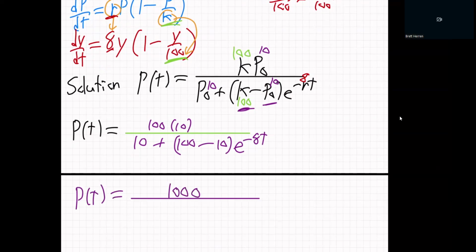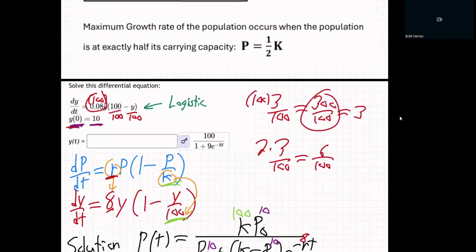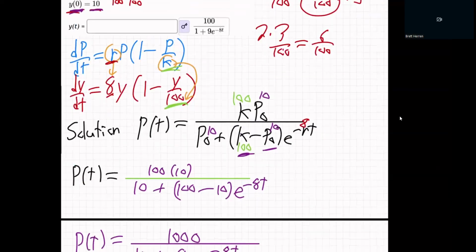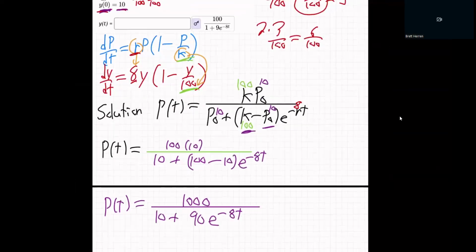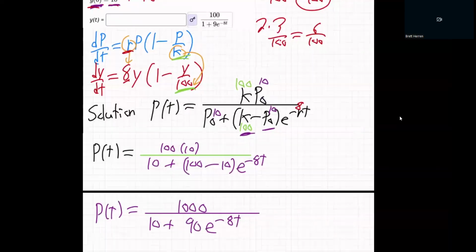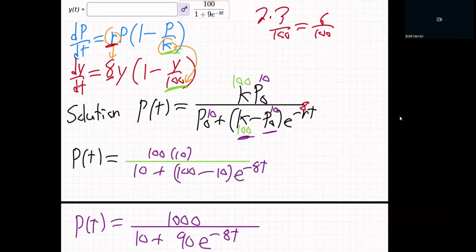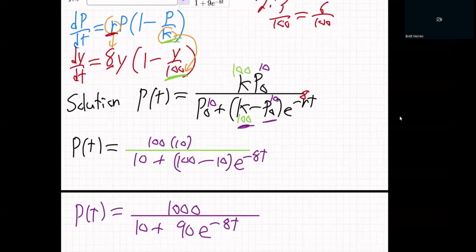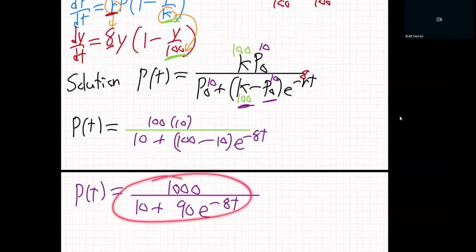That's 1,000 on the top. 10 plus 90 e to the minus 8t. There we go. So there's the solution. And that's basically it. You can type that in, it'll take it. They divided top and bottom by 10. Same thing, but they'll take it this way. And that's it. Just type that in.